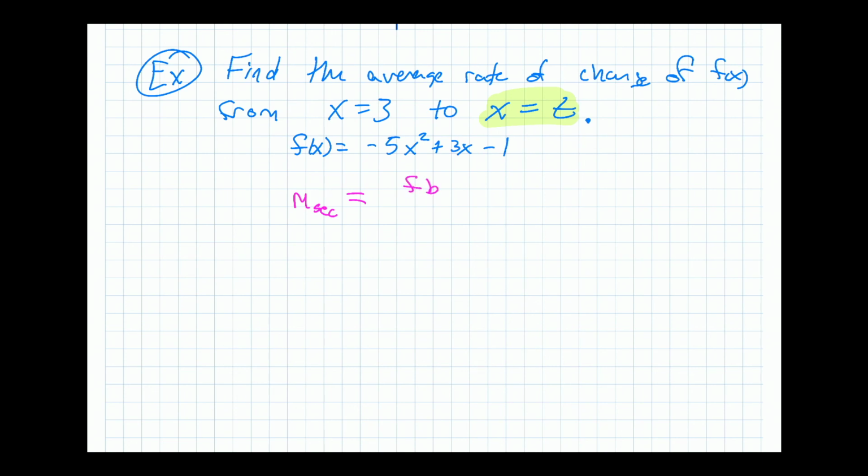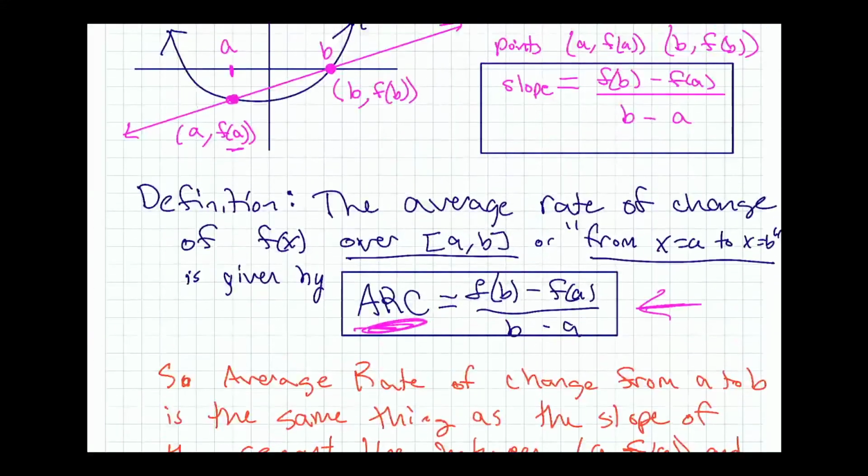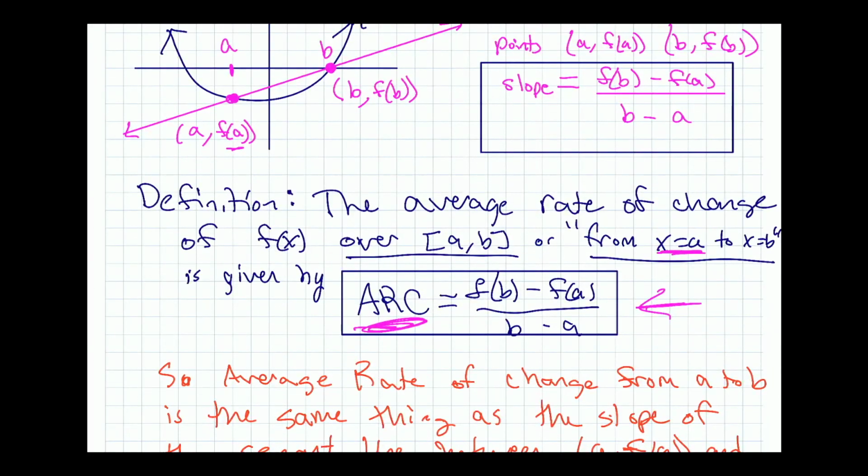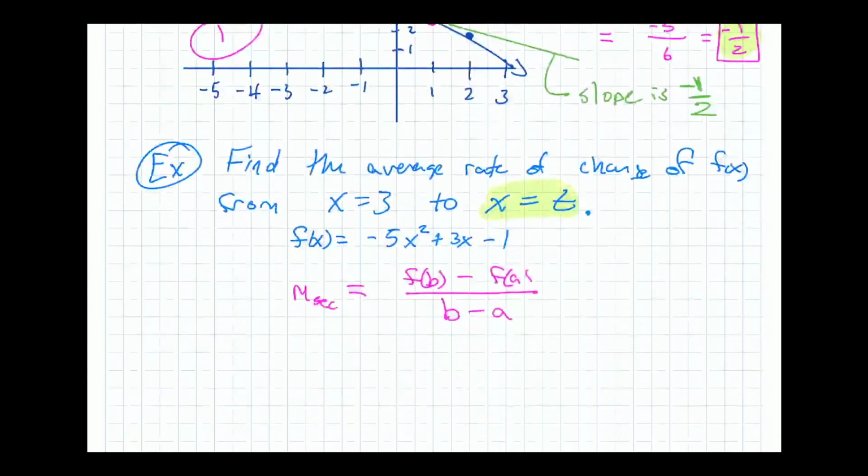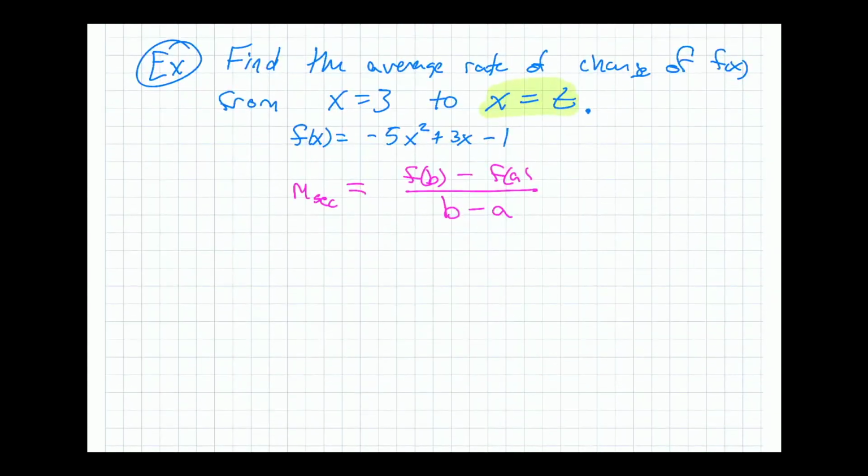It's f of b minus f of a over b minus a. Well, what are the b and the a? Make sure you understand from the formula here, when they say from x equals a to x equals b, the first x value is a and the second x value is b. So this must be our b, t, and this must be our a in the formula.